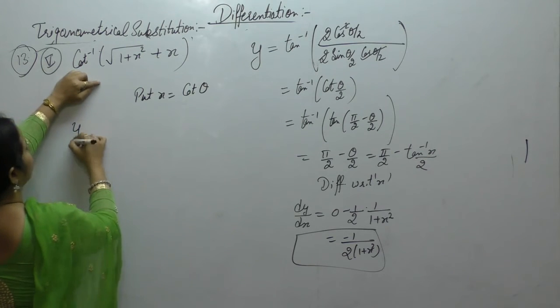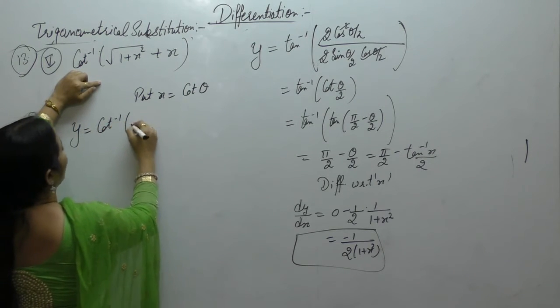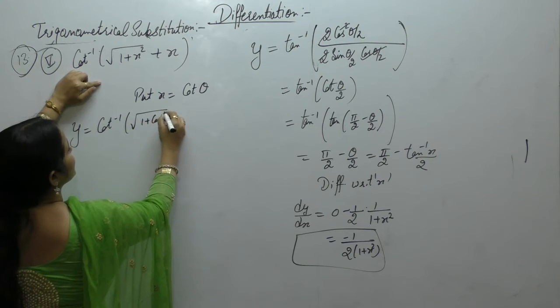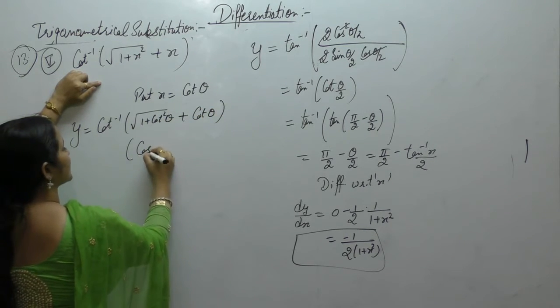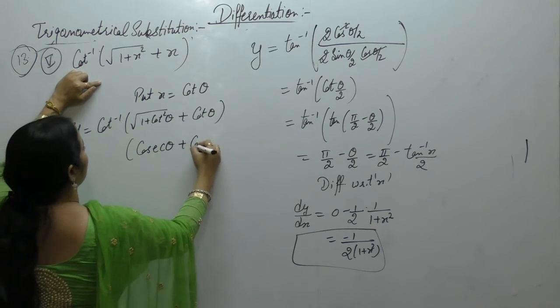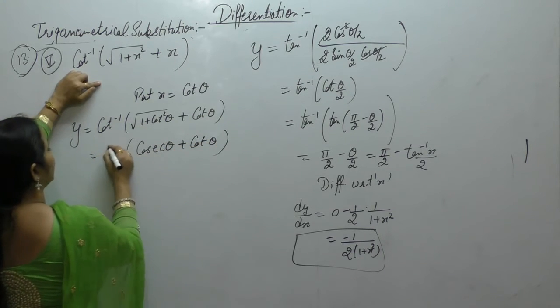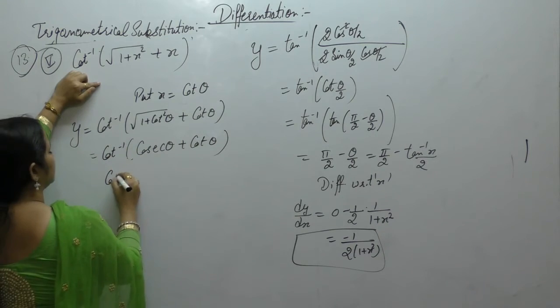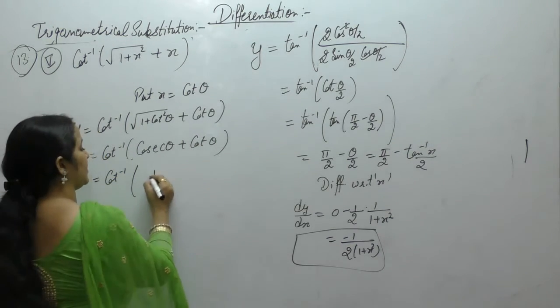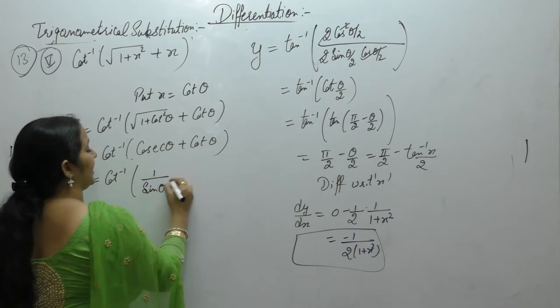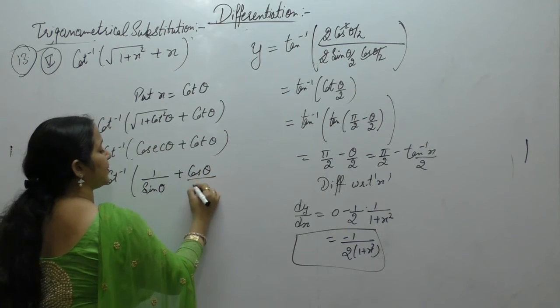So what do we get? 1 plus cot square is cosec square, and the square root of cosec square gives cosec theta plus cot theta. We get this term. Now we can write cosec as 1 upon sine and cot as cos upon sine.